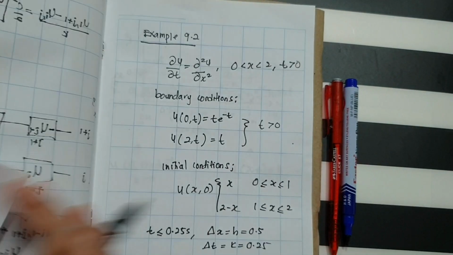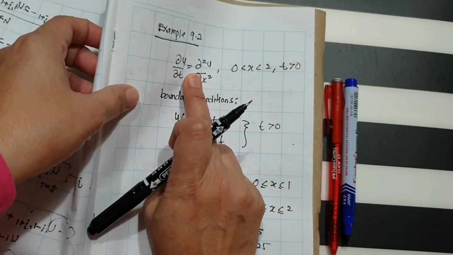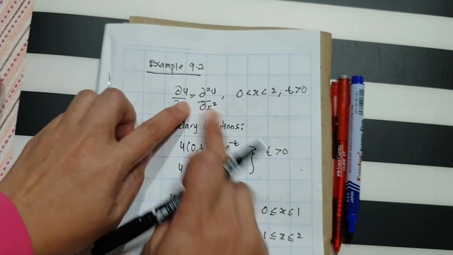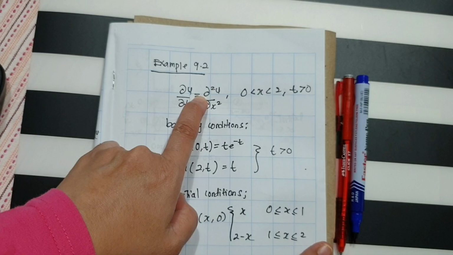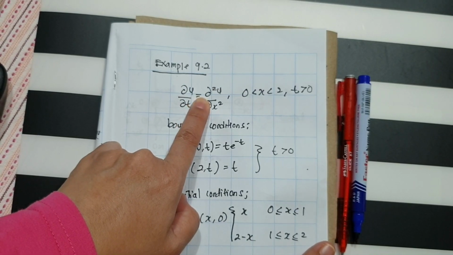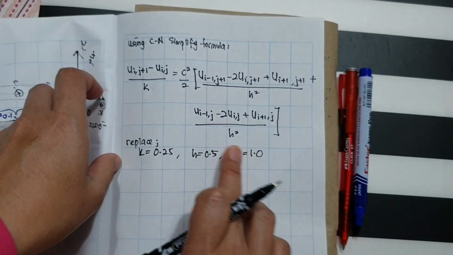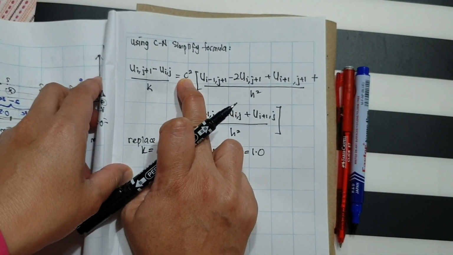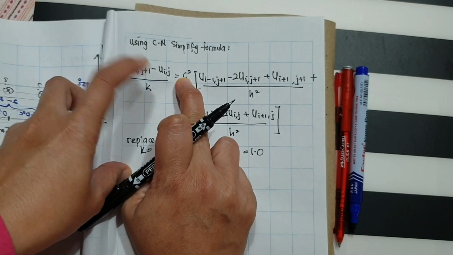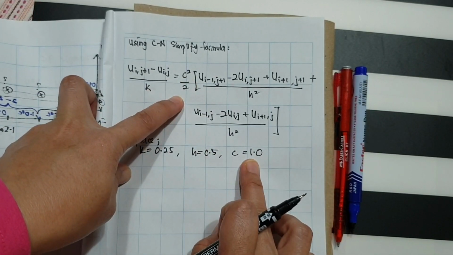For this question, since the value is 1 and we don't have any number over here, we assume the value of c is equal to 1, meaning that the value of c squared over here will be 1 to the power of 2, which is 1.